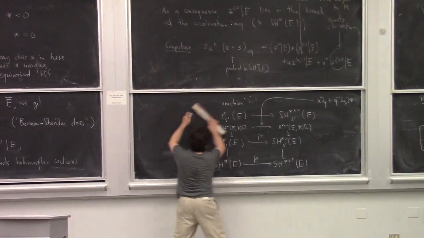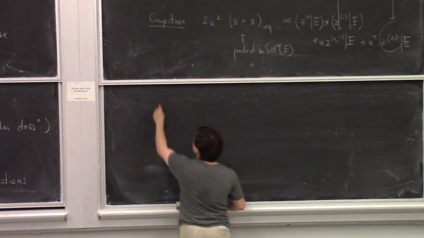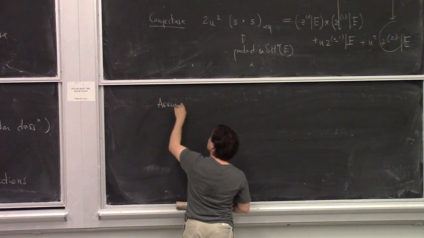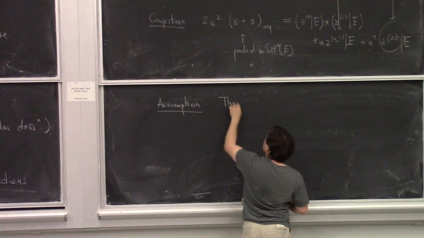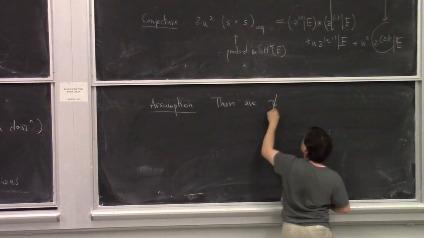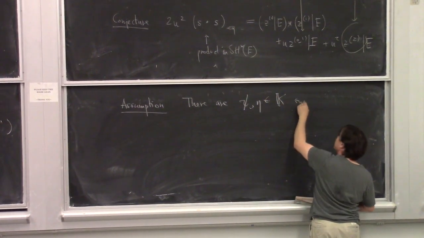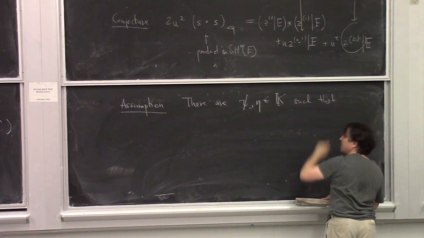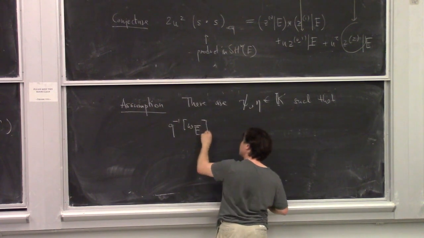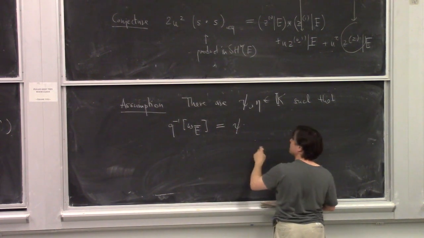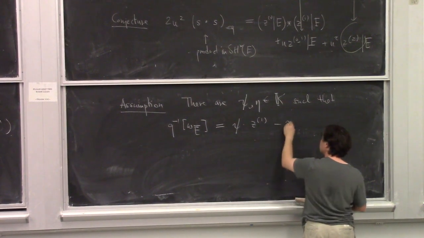So, there are functions of Q such that this is a degree 2 cohomology class, that's a degree 2 cohomology class.